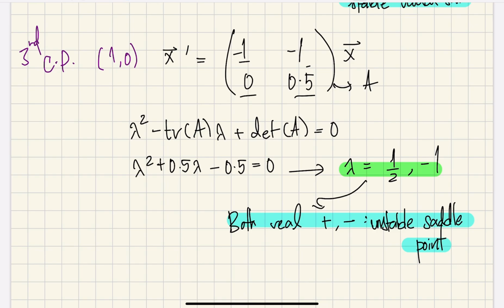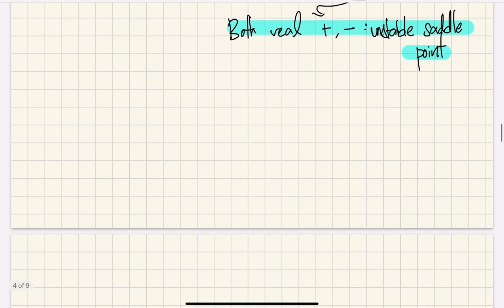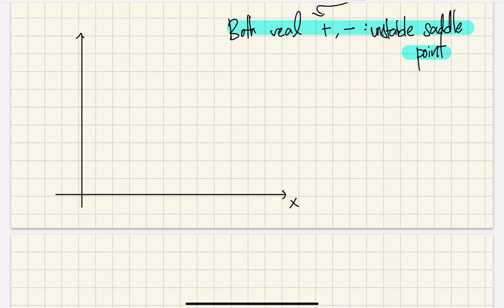So now to plot all of this, we have x here and y here. Now what we're going to do is plot our critical points. So we had a 0, 0. We have a 0, 1.5.